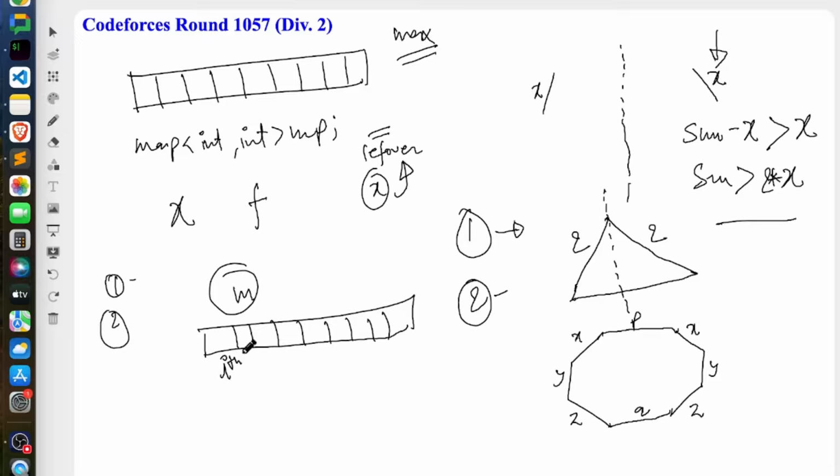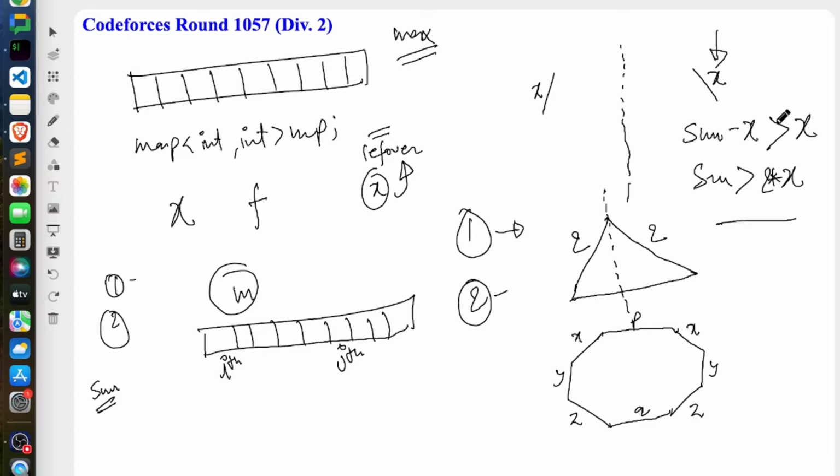This is the ith leftover. Before taking these two, let's say my total perimeter was sum, right? So sum, by taking all the pairs of same edges, right? So let's say this is my sum, this is my ith, and since they are in increasing order, let's say this is my jth. We know that sum has to be greater than 2 into x, right?